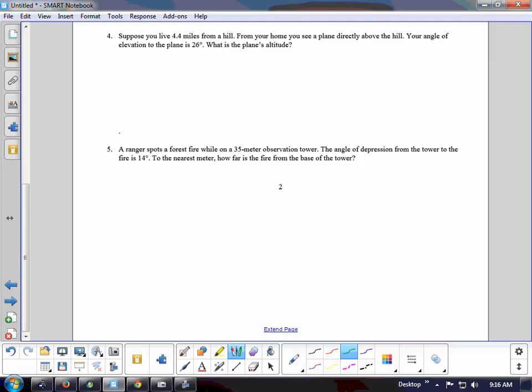Number 5. You spot a forest fire while on a 35-meter observation tower. So start drawing. The angle of depression from the tower to the fire is 14 degrees. You have to realize the fire is out here somewhere, so it makes a right triangle.